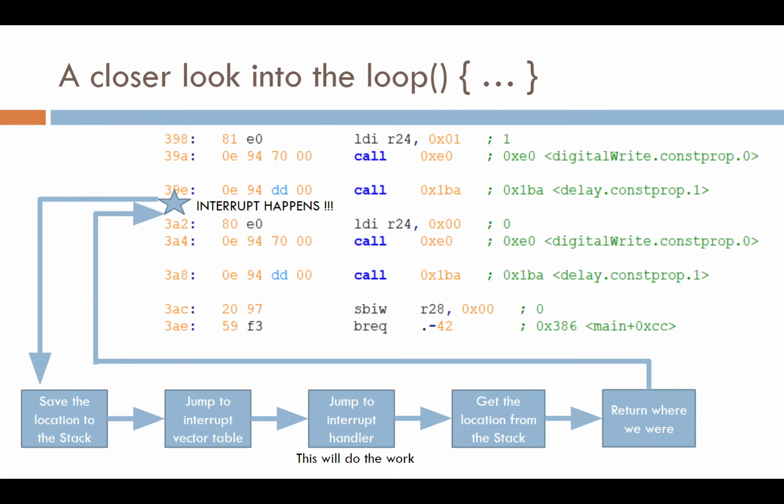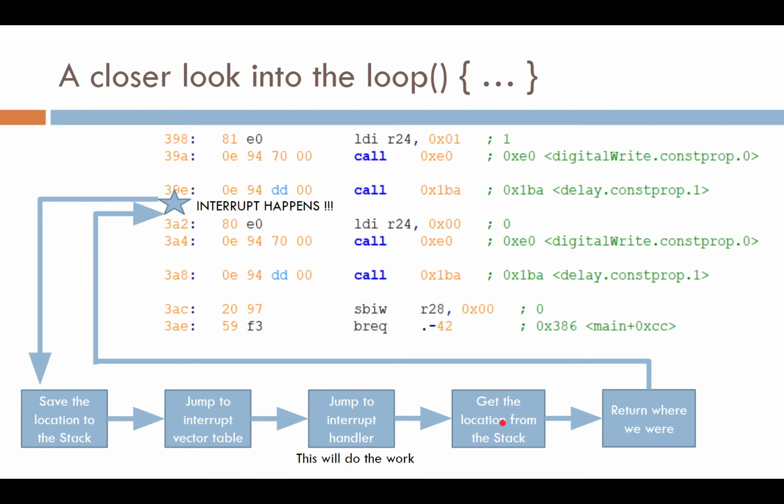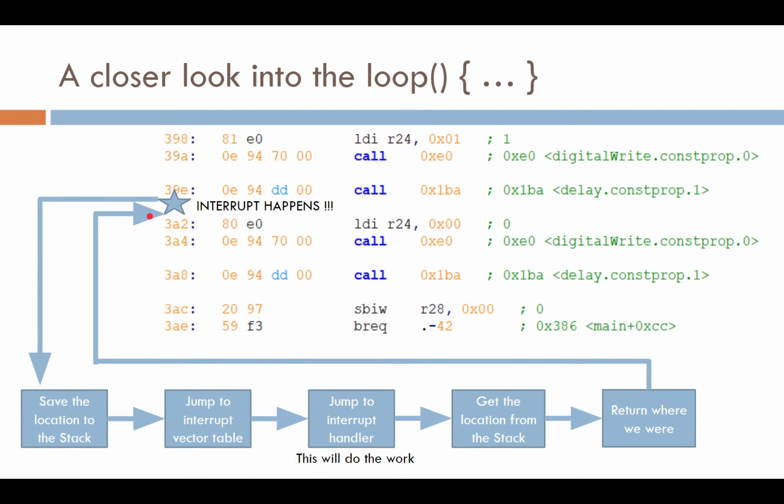And then when it's done, it returns from interrupt, meaning that it gets the location from the stack. It was saved here, and now when everything is done, it reads back where it should go next and then goes back to where we were. Okay, that's how interrupts actually work fundamentally.